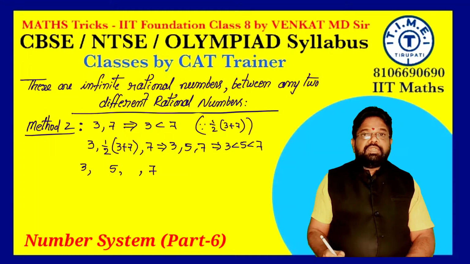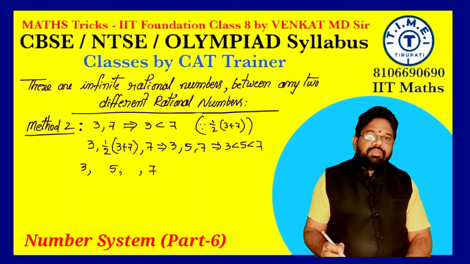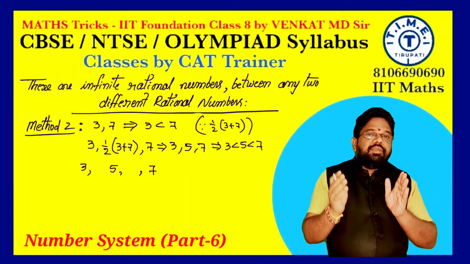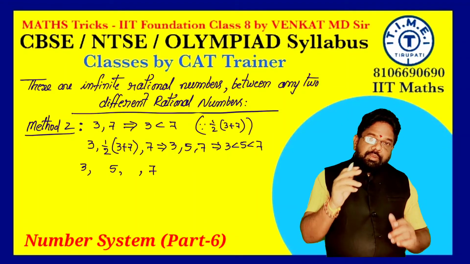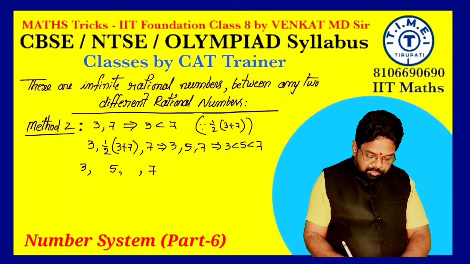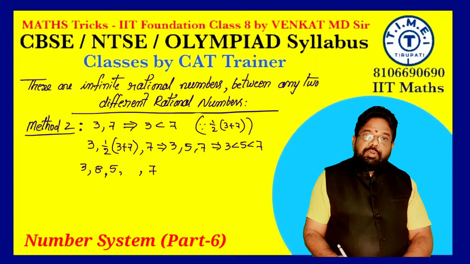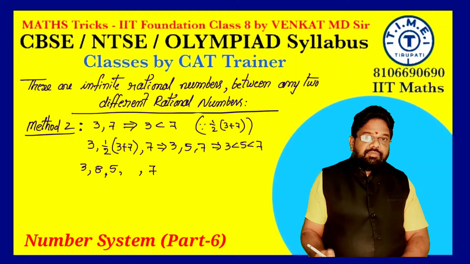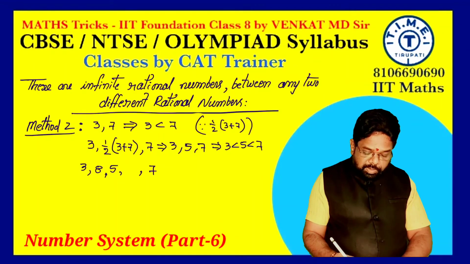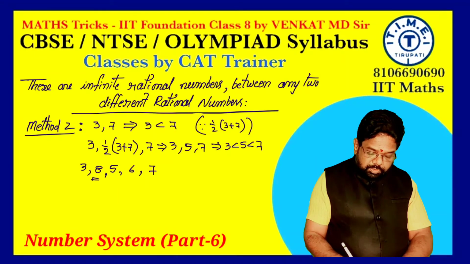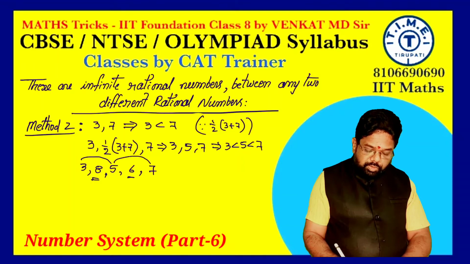Half of 3 plus 5: 3 plus 5 is 8, half of that is 4. Between 5 and 7, half of 5 plus 7: 5 plus 7 is 12, and 12 by 2 is 6. So each new number is the sum of the two by 2.